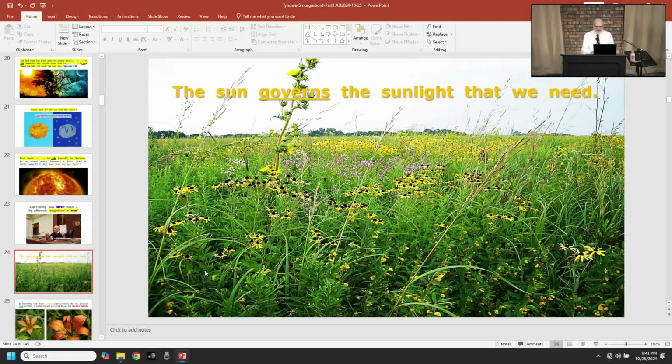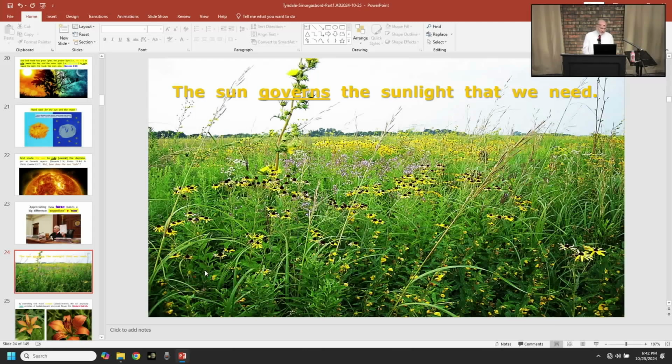And the sun does that by providing sunlight. The sunlight that the sun provides rules a whole lot of what goes on in the daytime on planet Earth. The sunlight that comes from the sun is imposing behavioral limitations on what's on the planet.